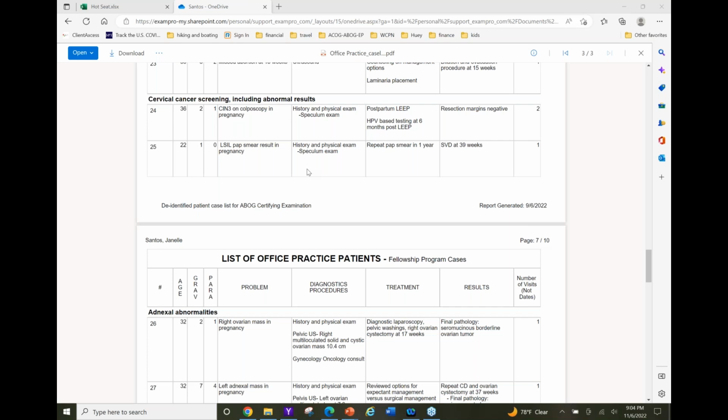So they could either be surveillance in 1 year, surveillance in 3 years, or for a completely normal result, of course, surveillance in 5 years. Okay. So that surveillance recommendation, 1 year versus 3 years versus 5 years, is based on the 5-year risk of CIN3.